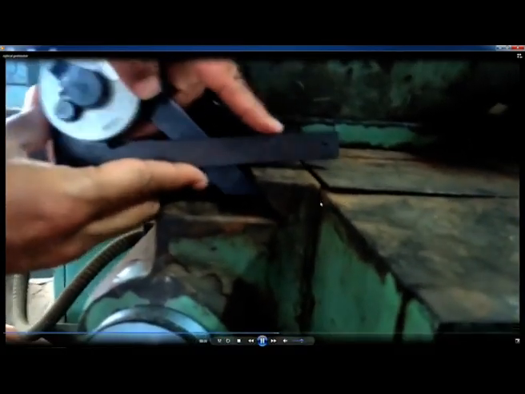Now, you can see the one blade should come in contact with the top surface of the guideway and the other blade should contact this sloping surface.